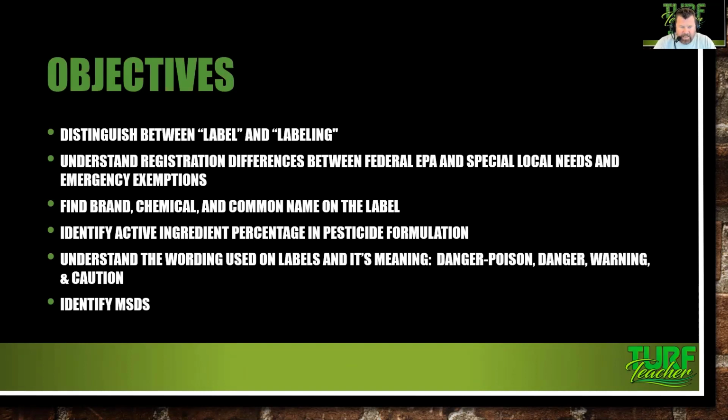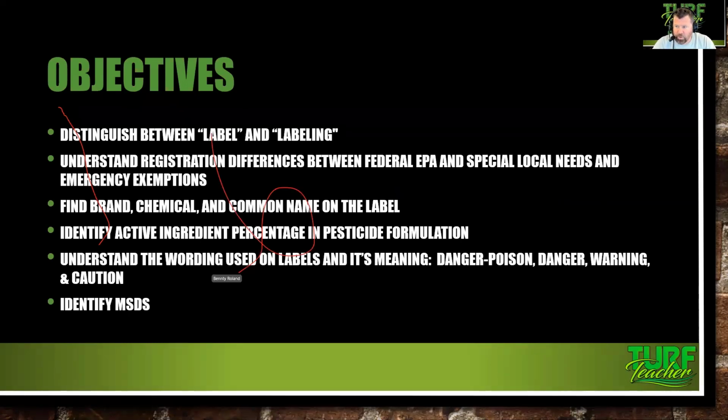Labeling is everything else that's included that we may get from the ag agents, from our pesticide vendors, anywhere. We go to a trade show and we get flyers and pamphlets and stuff. All of that is considered labeling for the pesticides. And actually the label is included in that labeling, but the label is exactly what is printed on the bottle.